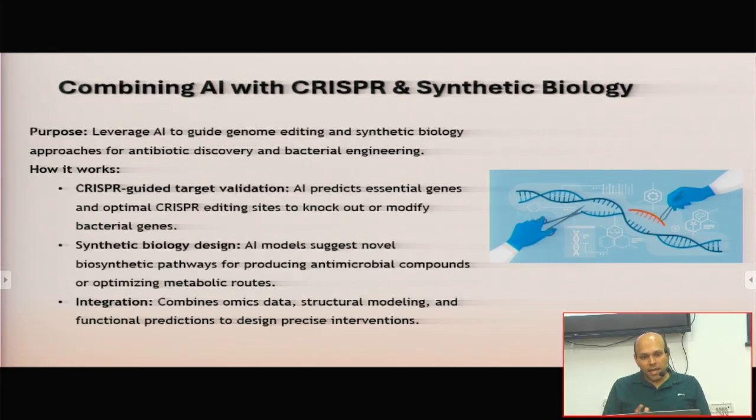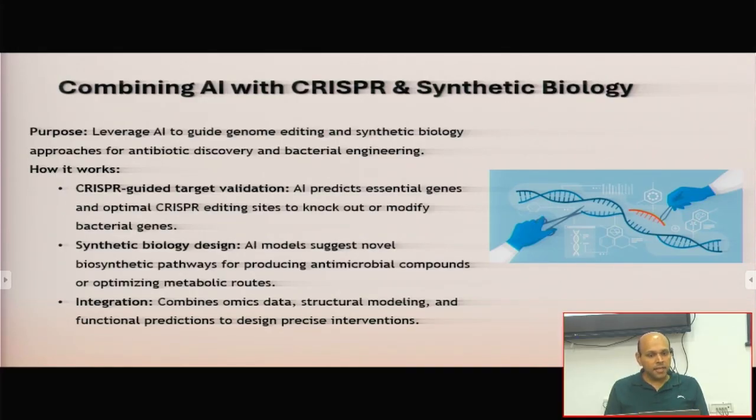So combining AI with CRISPR and synthetic biology: leverage AI to guide genome editing and synthetic biology approaches for antibiotic discovery, bacterial engineering, CRISPR-guided target validation. AI predicts essential genes and optimal CRISPR editing sites to knock out or modify bacterial genes.